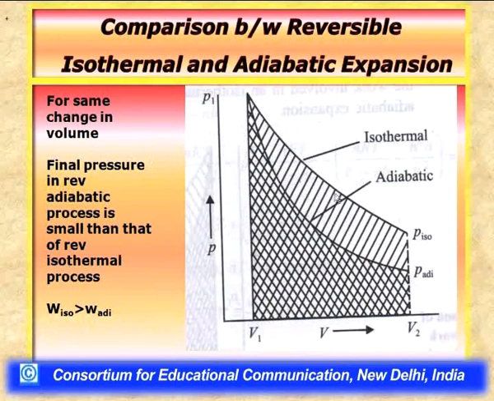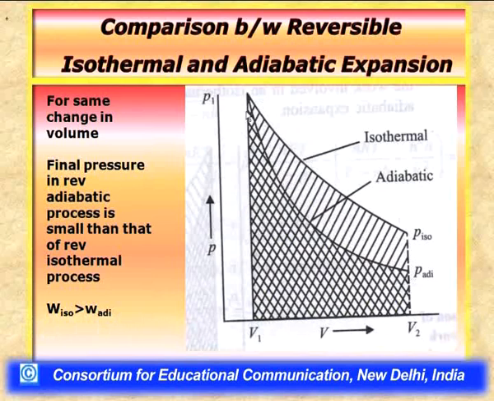This curve, represented by the line we have labelled isothermal, with the final pressure P_iso, represents the PV curve for the isothermal expansion process, whereas this curve with the final pressure P_adi represents the PV curve for the expansion process under adiabatic conditions.